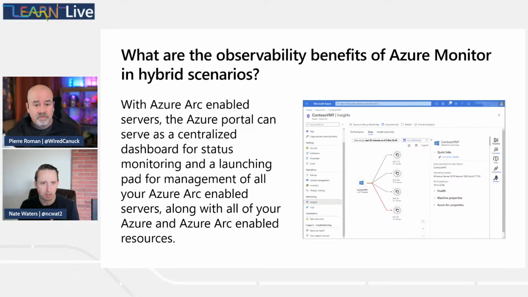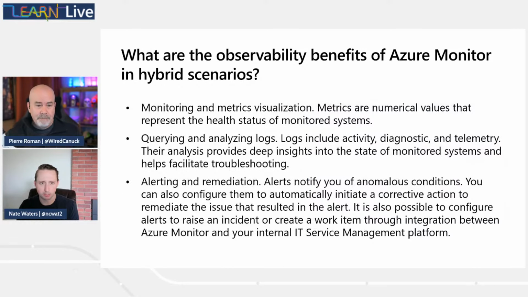And I think there are really three key capabilities that we use Monitor for. First, metrics monitoring and metrics visualization. Second, querying and analyzing the logs, like diagnostics and telemetry, which provides deep insight into the monitored states of those systems. And the last one is alerting and remediation.